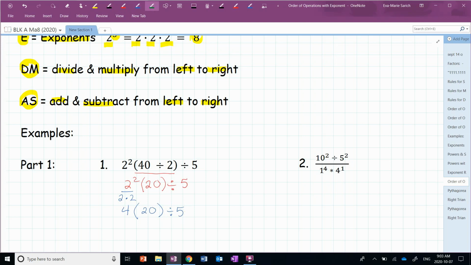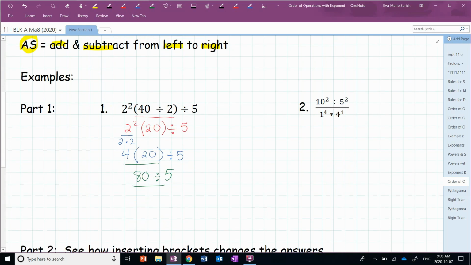So that means we're going to do the multiply first. And 4 times 20 equals 80. And then you're going to carry down the divide by 5. And lastly, 80 divided by 5 equals 16. So we'll circle our answer.